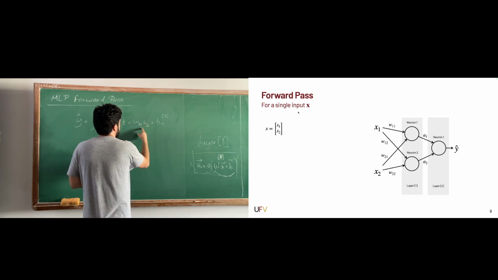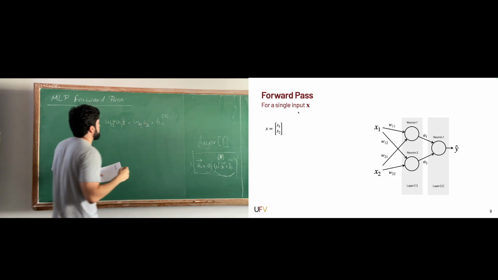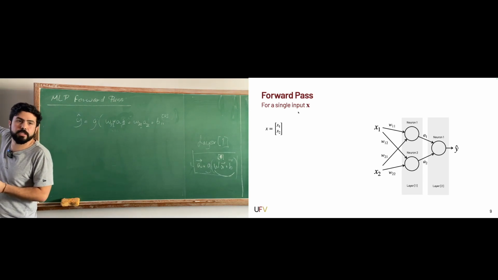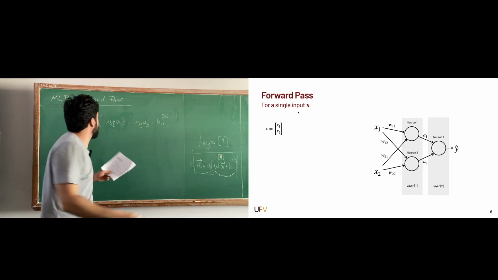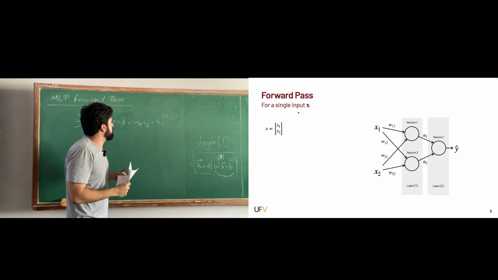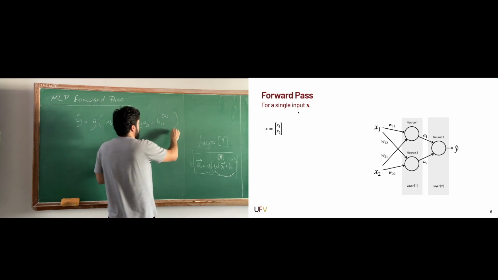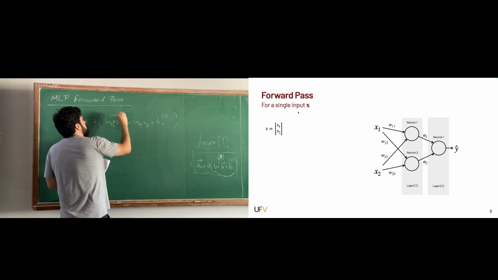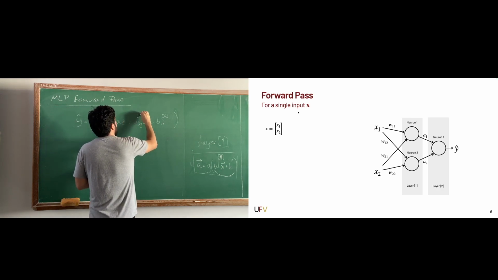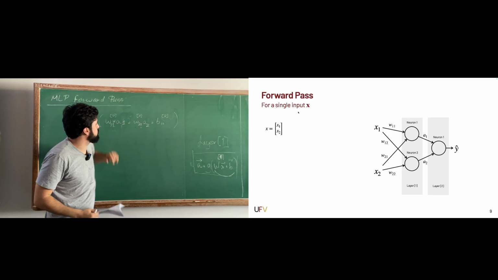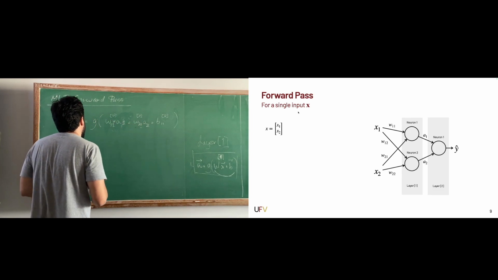Again, remember that the second subscript here refers to the neuron ID. And I only have one neuron here, so it's 1 for all of them. But I'm keeping this notation because then it generalizes well to any number of neurons you want. Our weights also now refer to the weights of the second layer. Okay?